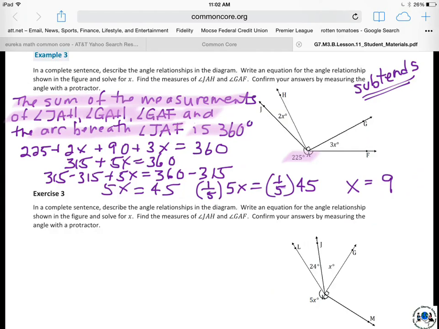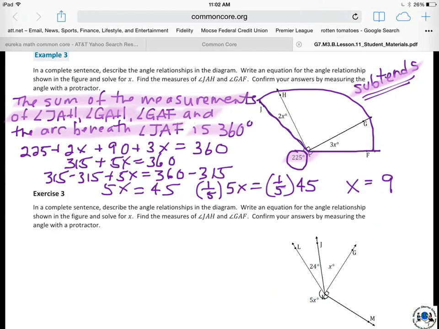So that idea of the arc that subtends angle JAF, and angle JAF is right here, this large angle. This is 225. This arc subtends that, or sits below that, as you can see.